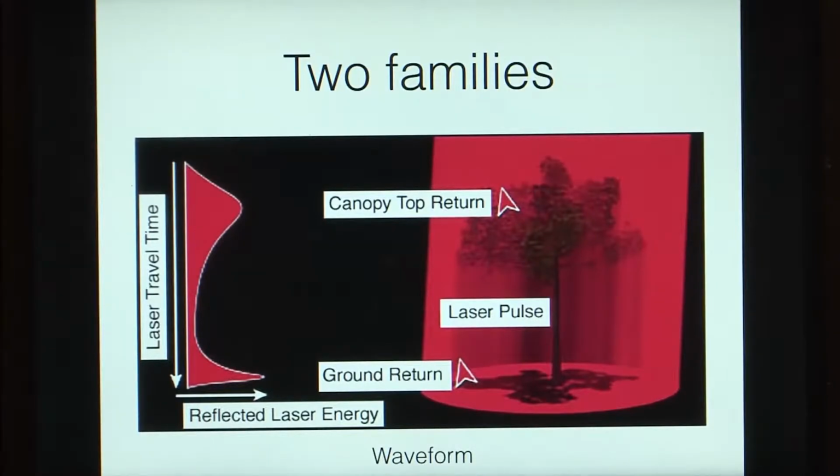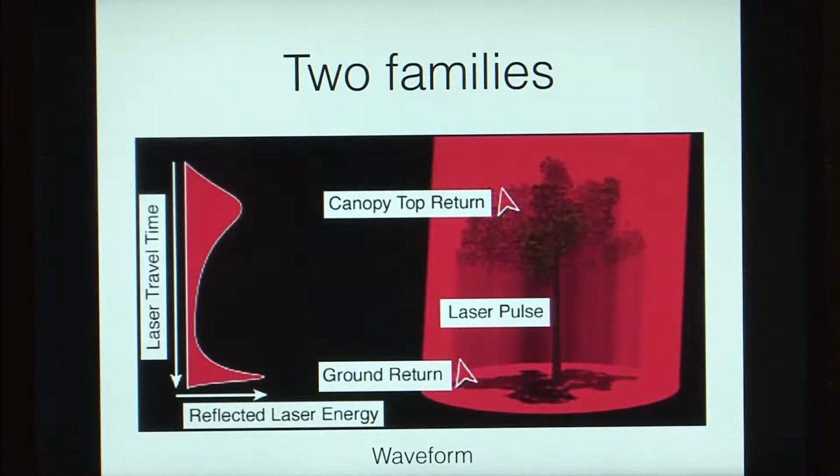When the laser light interacts with the canopy, it would come back with a higher energy. Then when it reaches the bole portion, most of the light does not come back, only that amount of light that interacts with the bole is able to come back. And then when it reaches the ground, again you will be getting a high signal.